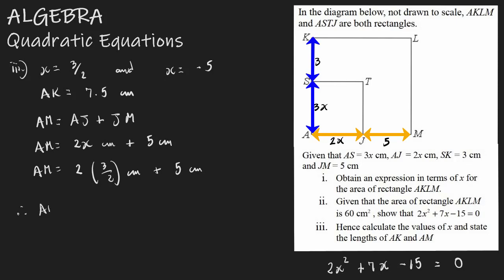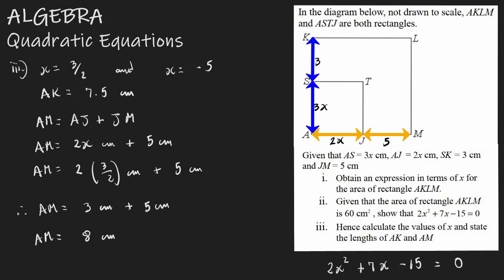Therefore, AM is equal to 2 times 3 on 2, that is equal to 3 cm plus 5 cm. AM is equal to 3 plus 5, that is equal to 8 cm.